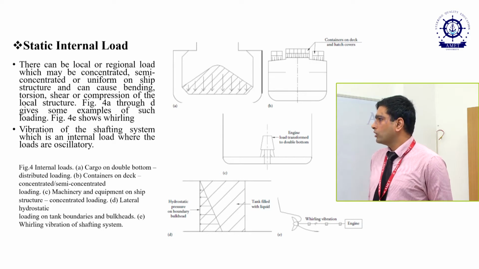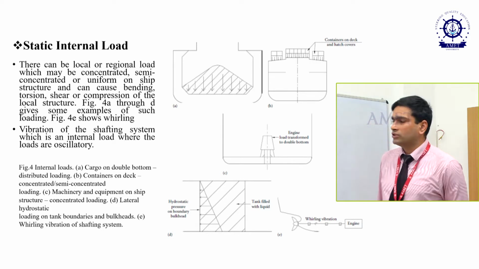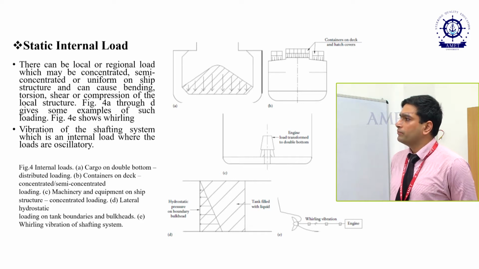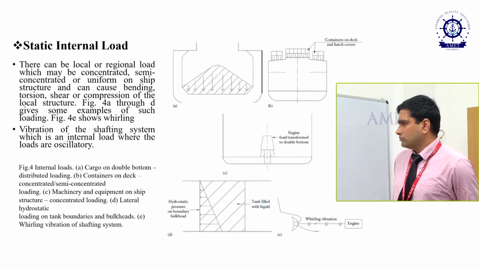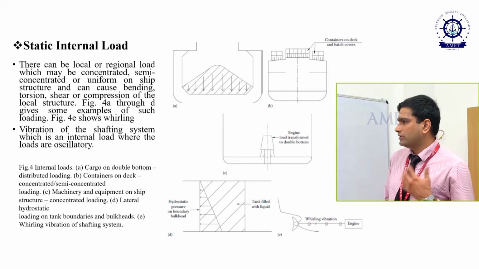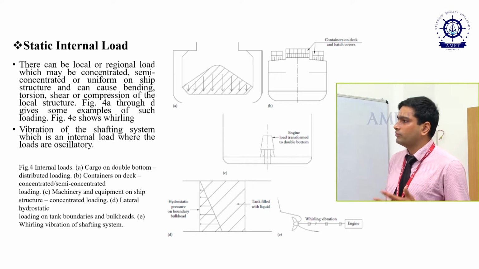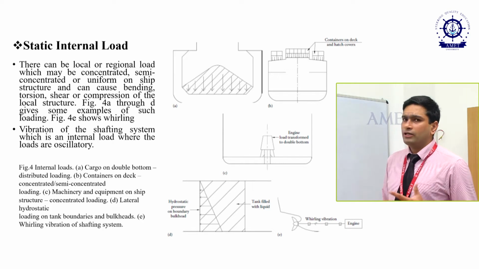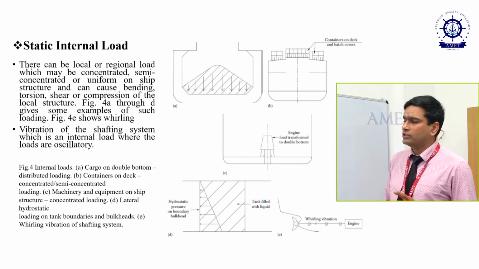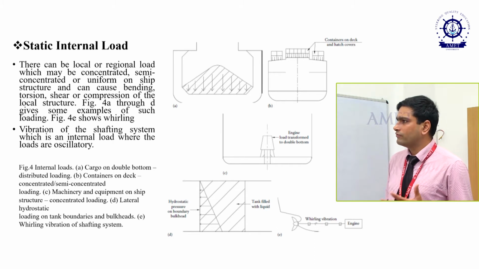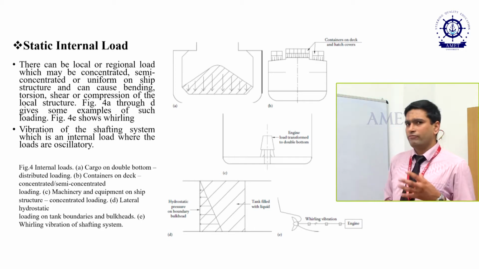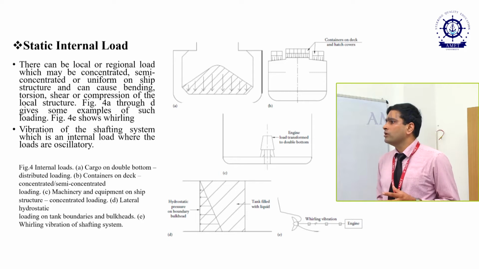There can be a local or a regional load which is concentrated, or loads distributed uniformly on the ship structure, and they cause different material behavior. The stresses which are developed are also different, because there may be bending, torsion, or compression at various local structural members.